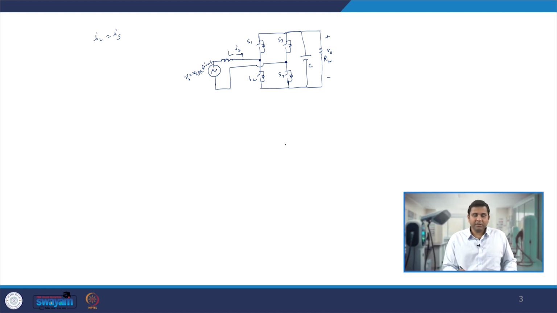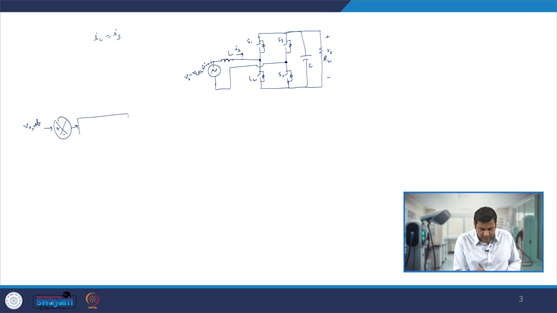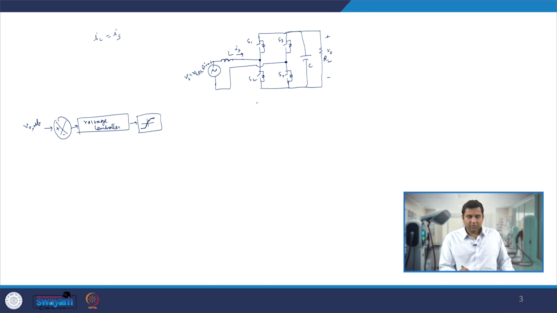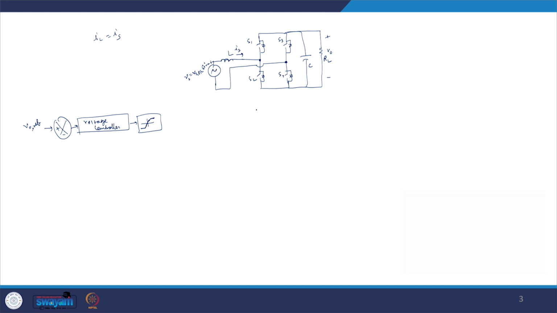Here, our main requirement is that we define the reference voltage, take the summation, and send it to the voltage controller. The output of this voltage controller will be clamped to the maximum allowable current in the converter, because before doing the closed loop control we would have already selected devices with the required current ratings.